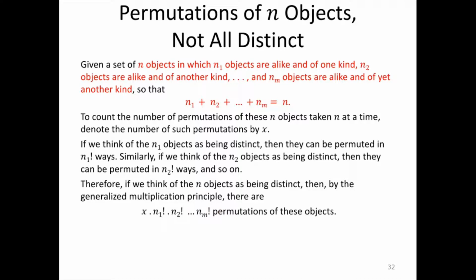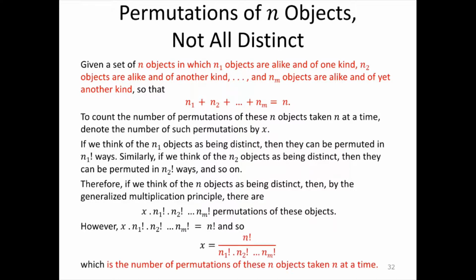Now we can solve for x, and x will be equal to n factorial over n1 factorial, n2 factorial, and so on until nm factorial. Remember, x is the number of permutations of n objects taken n at a time, where n1 of them are alike, n2 of them are alike, and so on until nm of them are alike.